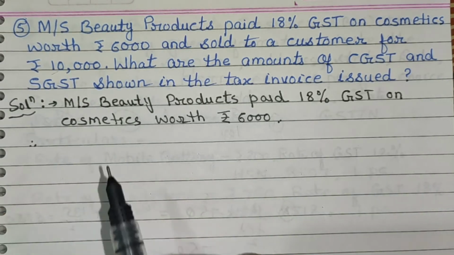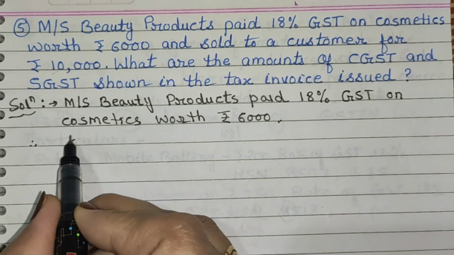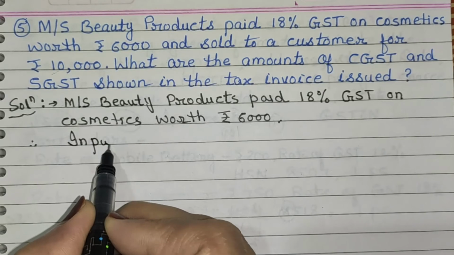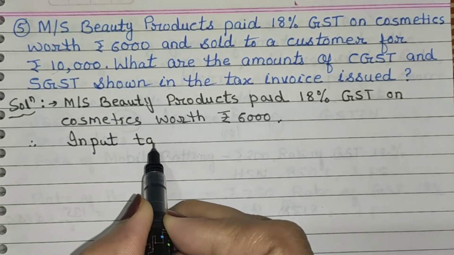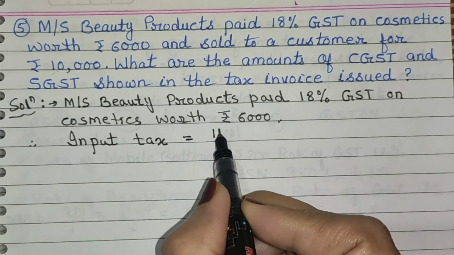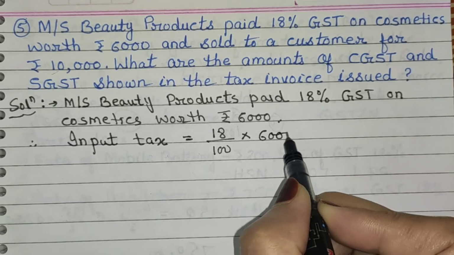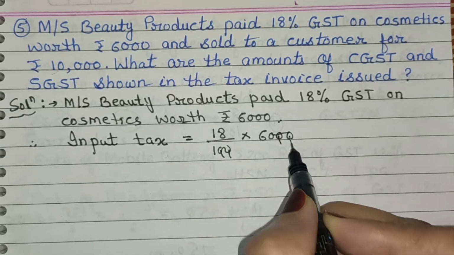Therefore, input tax is equal to 18% of 6,000. 20 cancel.